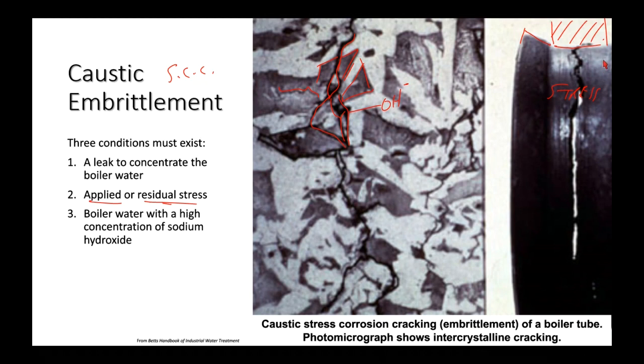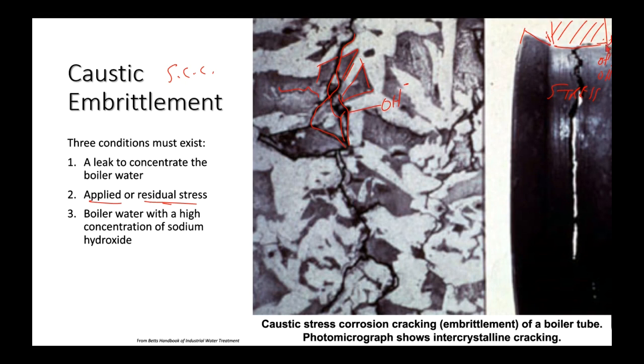Now inside the boiler, I got some water that's got just the right amount of hydroxyl ion floating around in there. Just the right amount, 150 to 300 parts per million. I'm happy with that. But let's say I've got a tiny little leak, and the leak is so tiny I will not even notice it. I won't even see chemical staining.